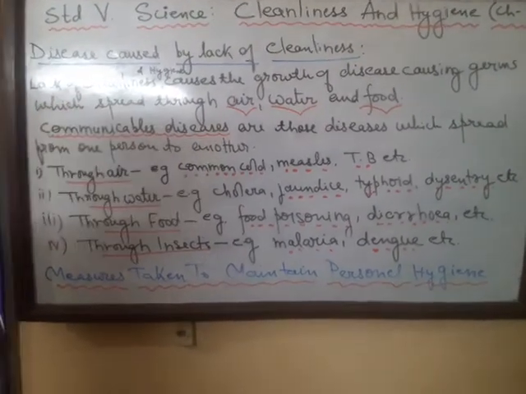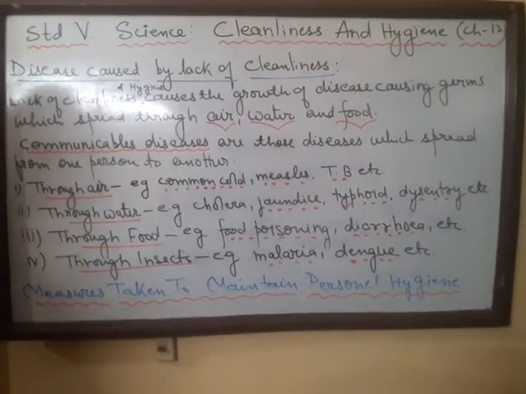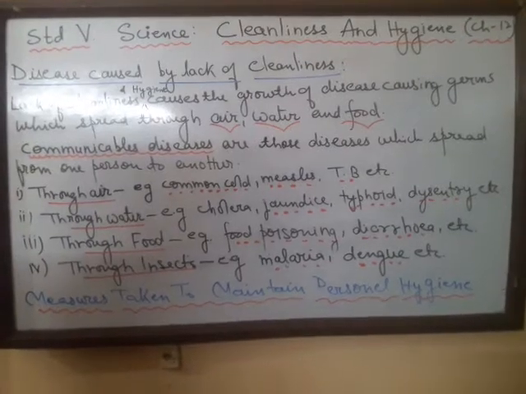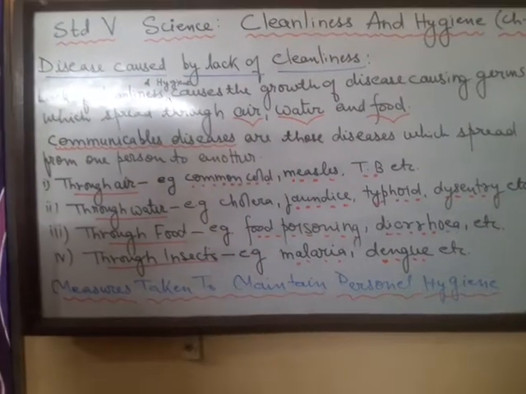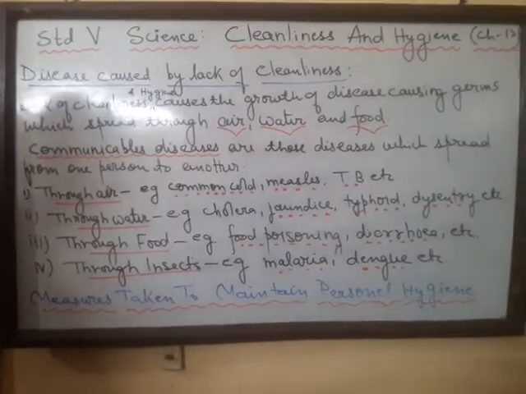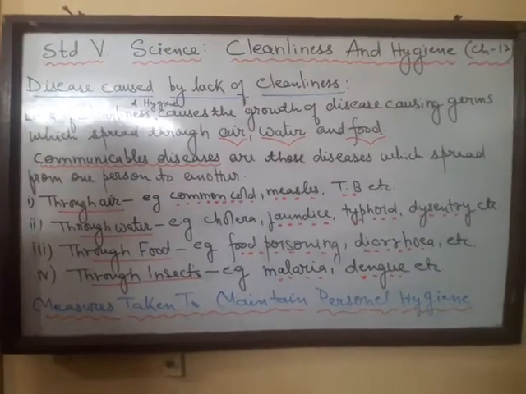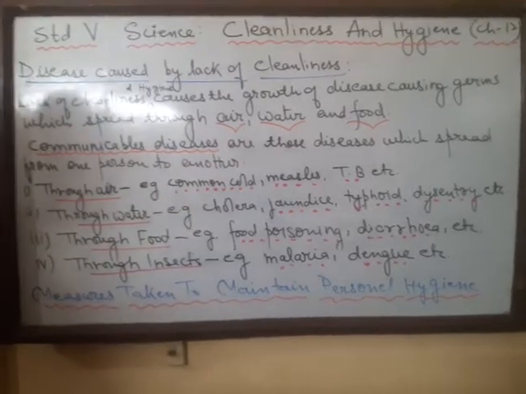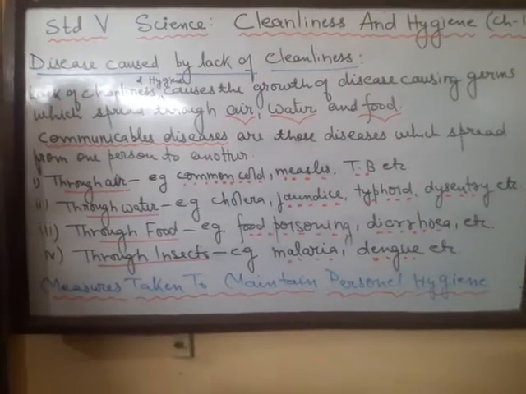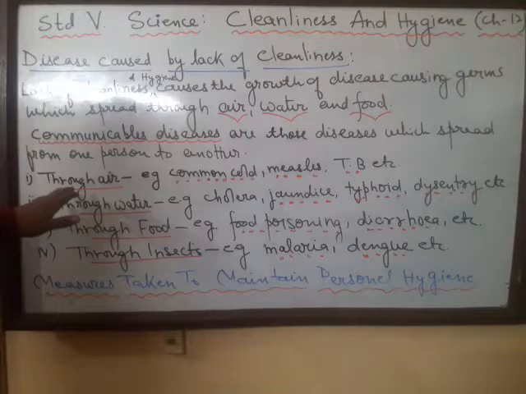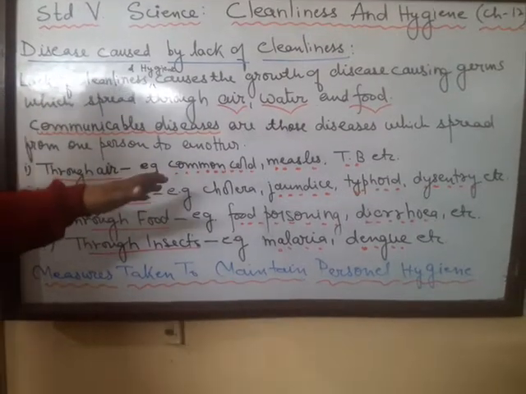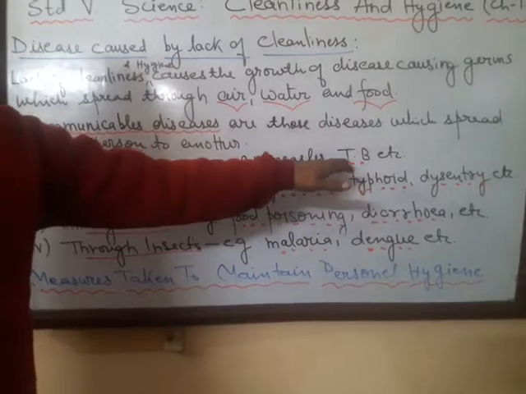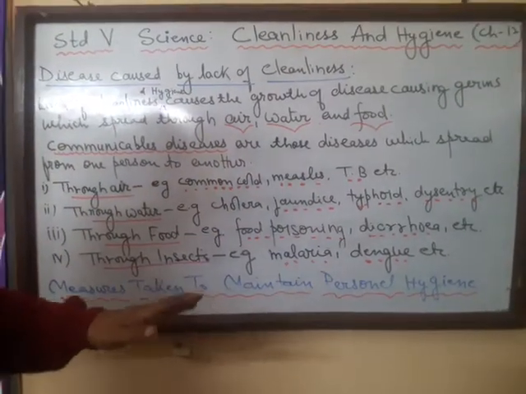I have just defined here that communicable diseases are those diseases which spread from one person to another. Recently we have been attacked by this COVID-19. It also spreads from one person to another, so it can also be termed a communicable disease. So what are the different ways? Through air. Diseases like common cold, measles, TB. TB stands for tuberculosis. They all spread through air.